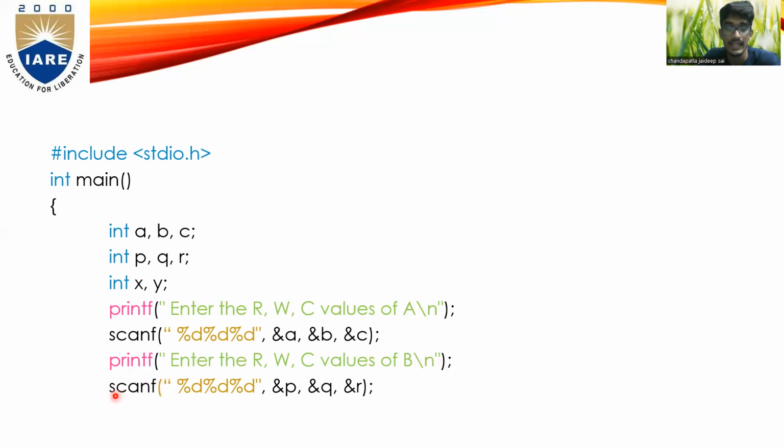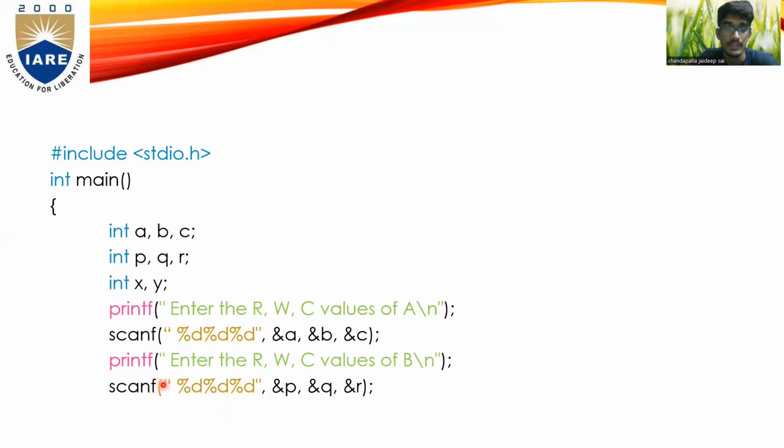So we are using the scanf function again to scan the r, w, c values of b now. Since the p, q, r values are integer type, we are using percentage d. If they are float values, then we use percentage f. So because integer, we are using percentage d and comma.